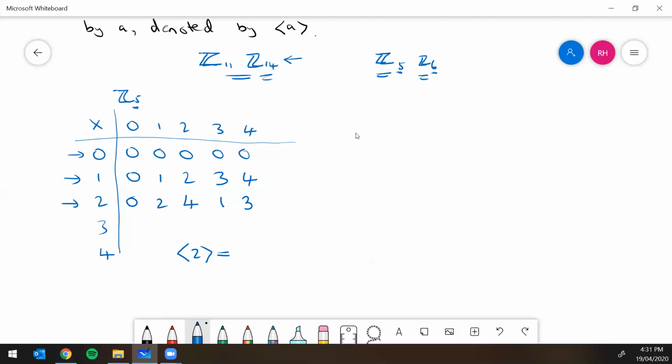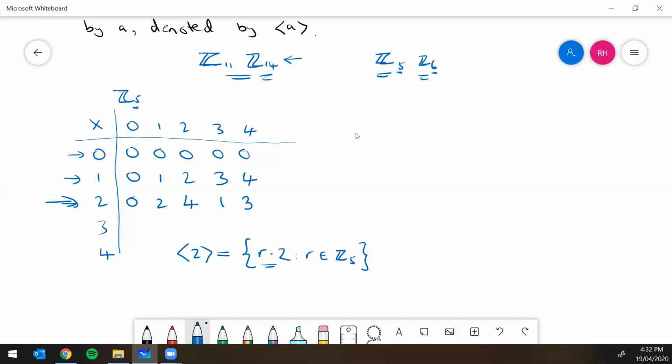So this is the ideal generated by 2, which is all the elements r times 2, where r, that dot actually should be in the middle, not a lower dot. I'm getting a bit lazy with my dots. r times 2, where r is any element, every element of Z5. So in multiplying r by 2, all we're doing is going across this line here.